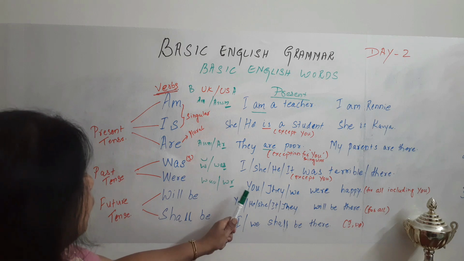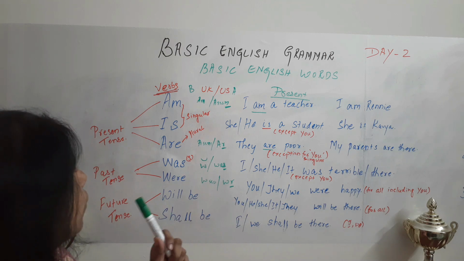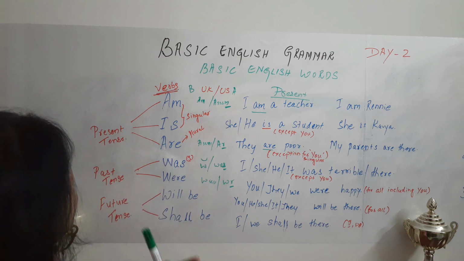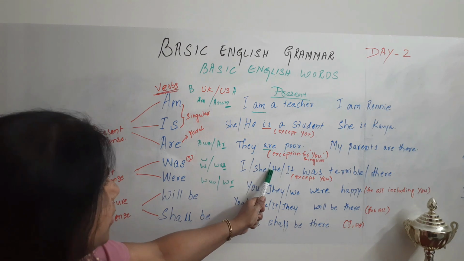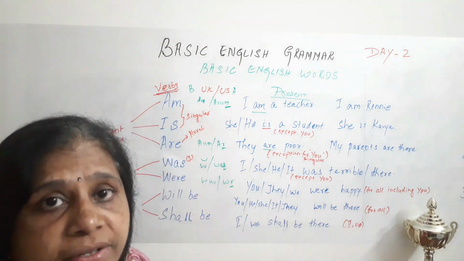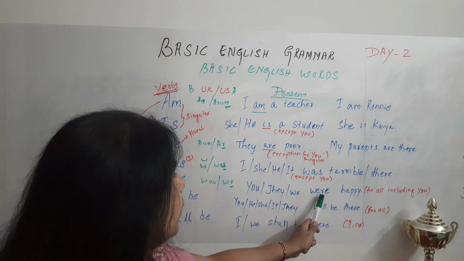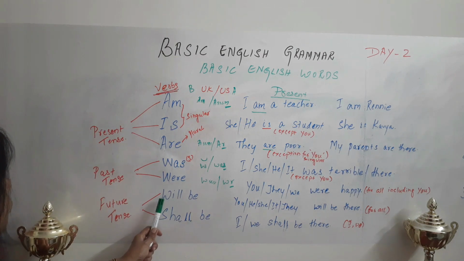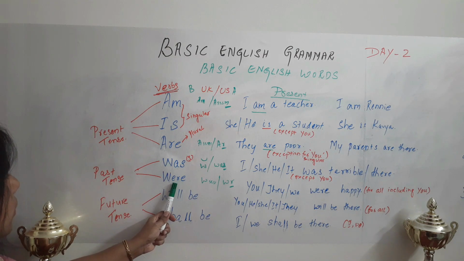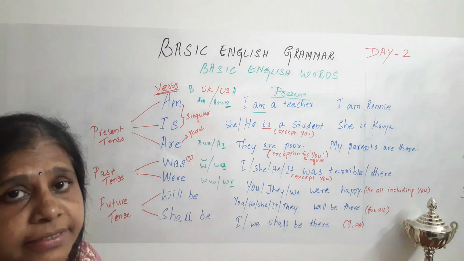Here, we are not using it for I. For I, we are using only "was". I, she, he, it, we are using "was". You, we, they, we are using "were". Right? Now, "was" and "were" are used only for the past tense.